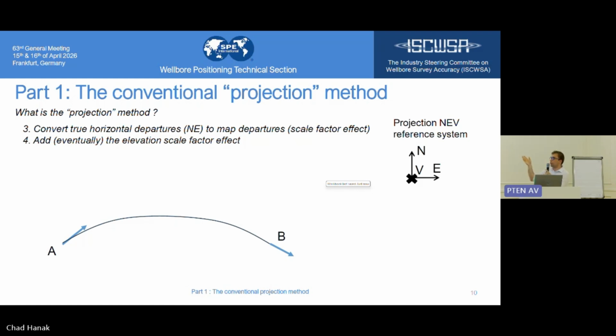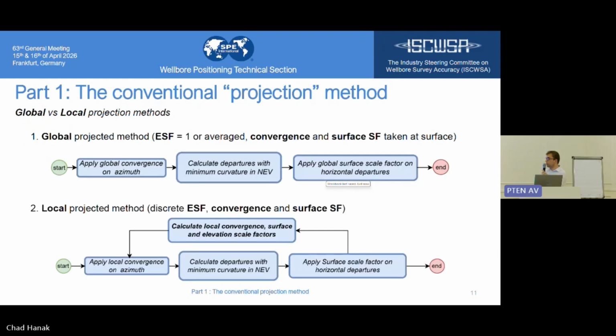So first the surface scale factor, and if you want, you can apply also the elevation scale factor. I'll explain after why I say eventually. And then you have B points in a northing, easting, vertical coordinate reference system. You apply it consecutively until the bottom hole of your well, and you have all your trajectory.